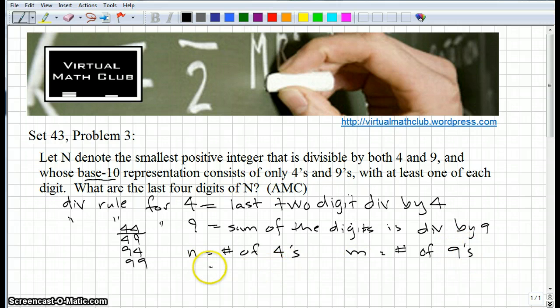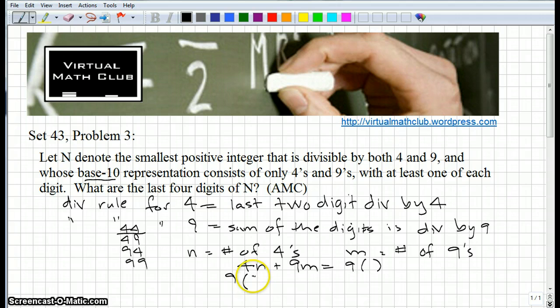When we sum up the digits, we get 4n plus 9m, and that has to be a multiple of 9.